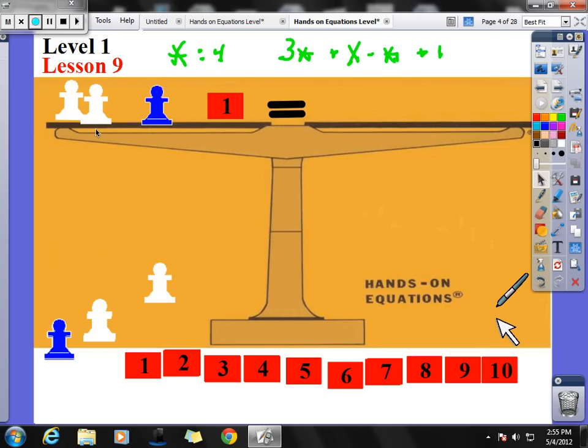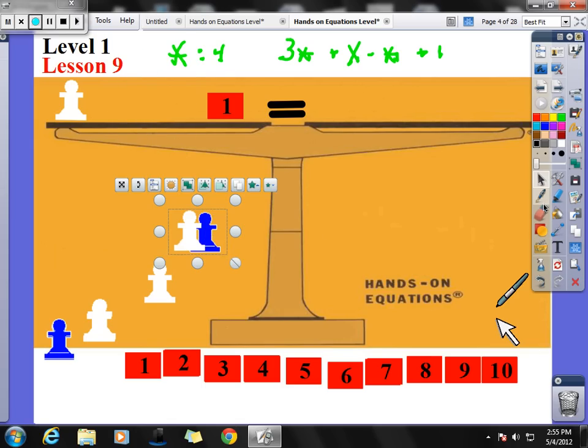I can remove the same thing from both sides of my equal sign, or I can remove a 0 from one side of my equal sign. So today we're practicing with 0, so I have a white and a blue pawn. I can grab those two together, pull them off. That leaves me with star plus 1, and star is 4. That means that these two together, 4 plus 1, is 5.